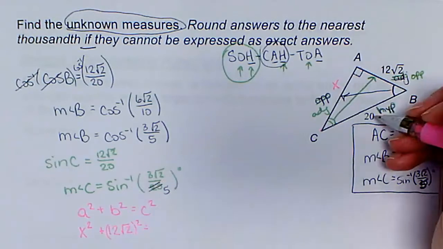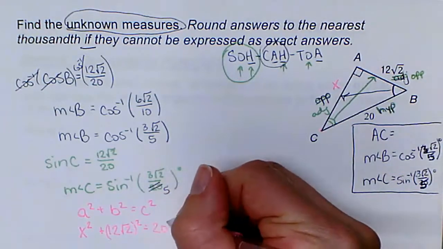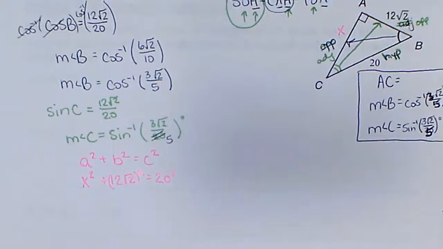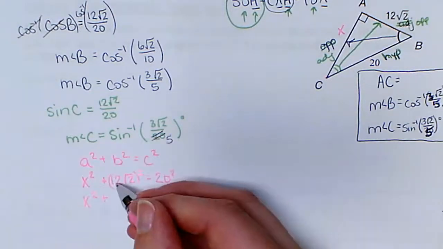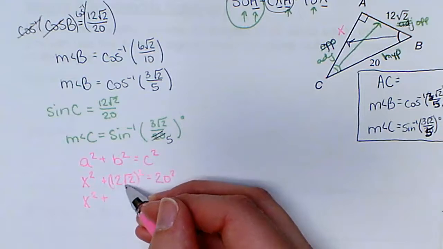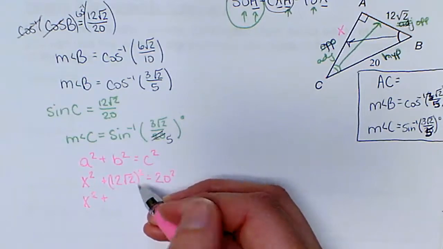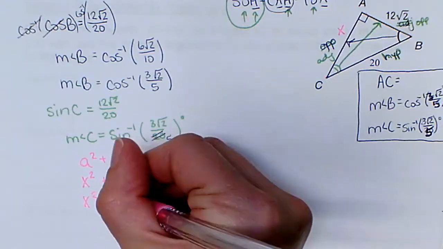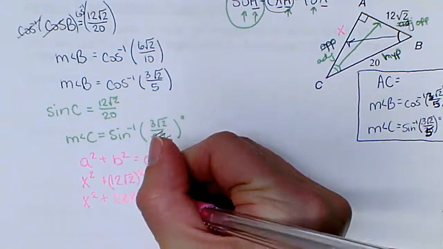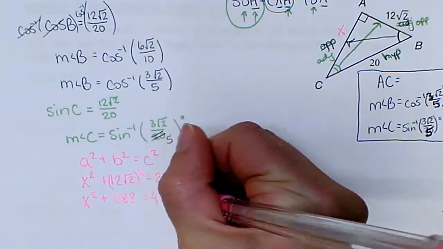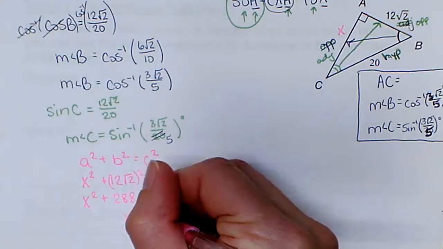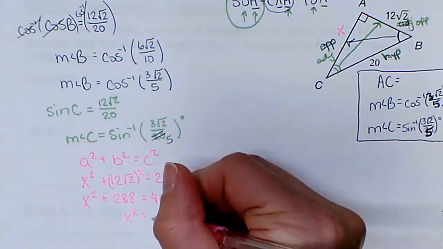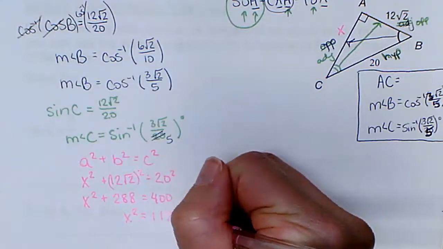And then the hypotenuse is 20. So I have x squared plus 12 squared is 144, square root of 2 squared is 2, and 144 times 2 is 288. 20 squared is 400. If I subtract 288 from 400, I get x squared equals, what is that, 112?